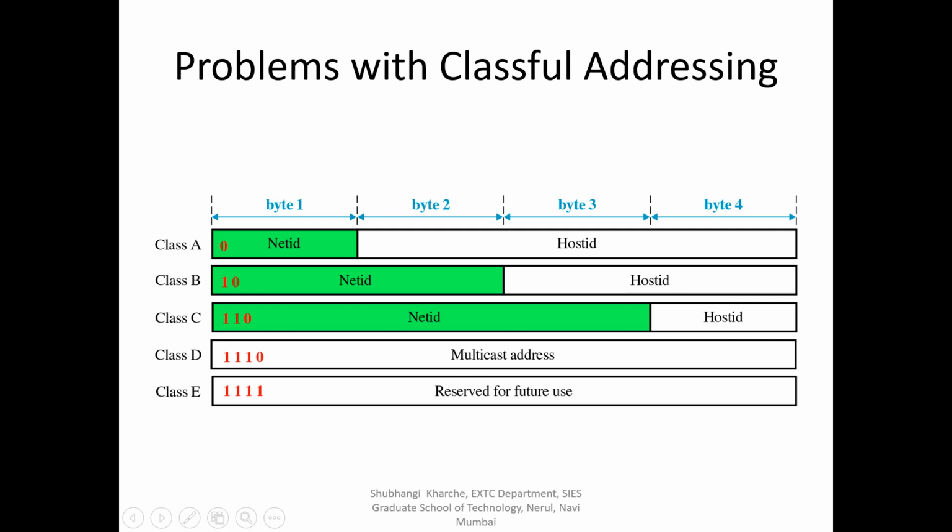Similarly, if an organization requires only 100 addresses and it is allocated a class B IP address, then it will utilize only 100 IP addresses from the available 2 raised to 16 addresses, and so the remaining addresses will go waste. So this was the drawback of classful IP addressing.